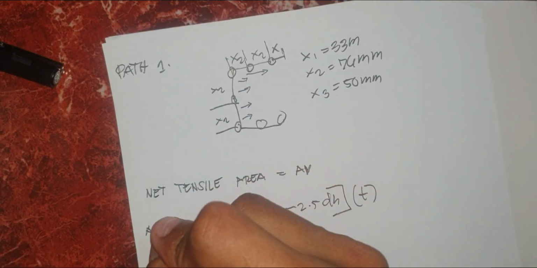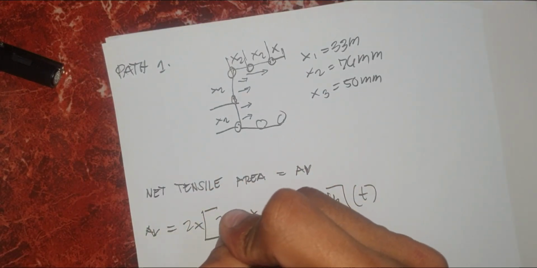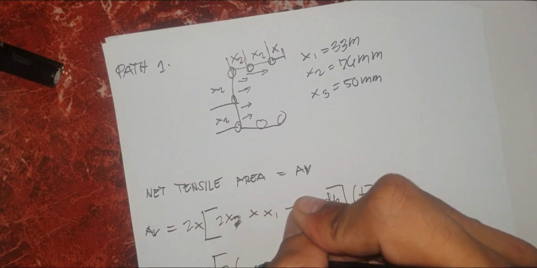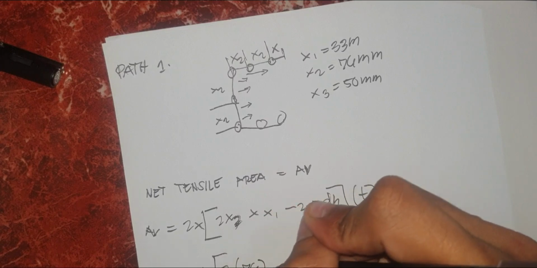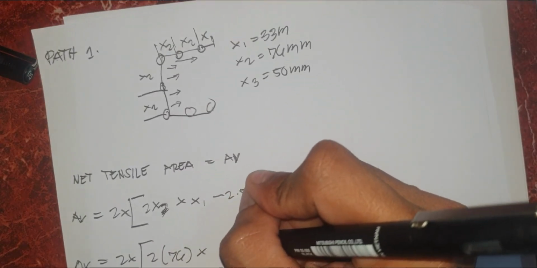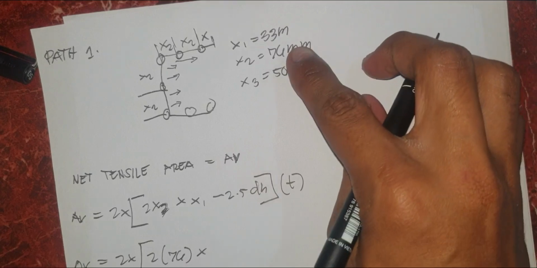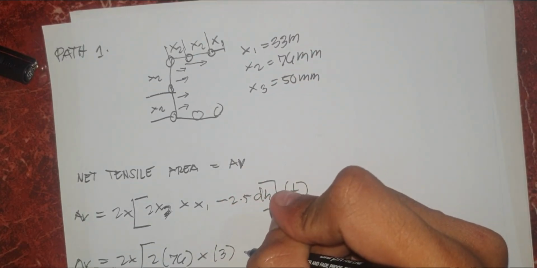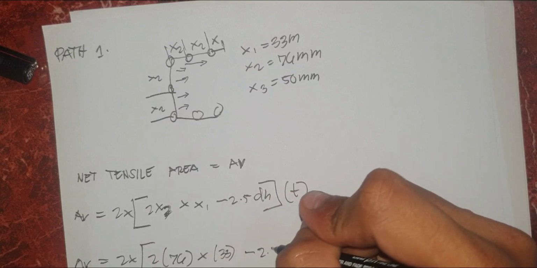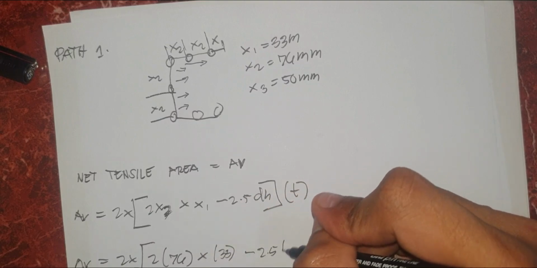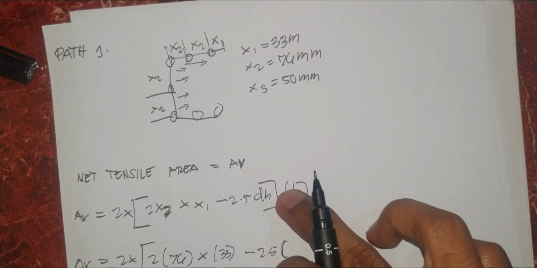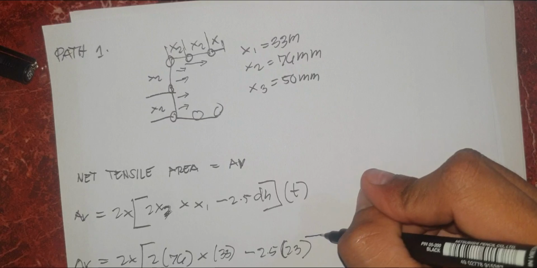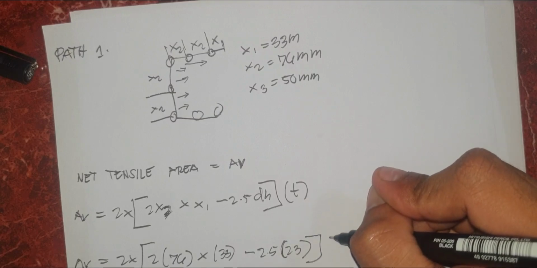So EV equals 2x summation, and our x sub 2 equals 76, and x sub 1 is 33, times 33, minus 2.5 times the hole diameter 23, times thickness 12.